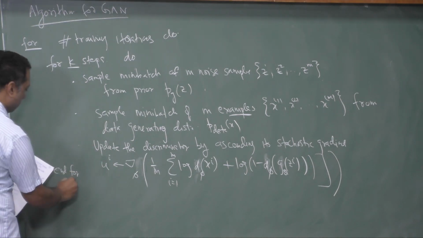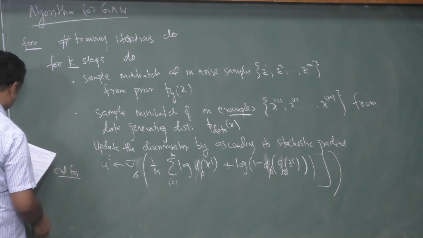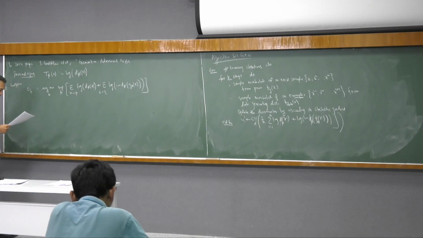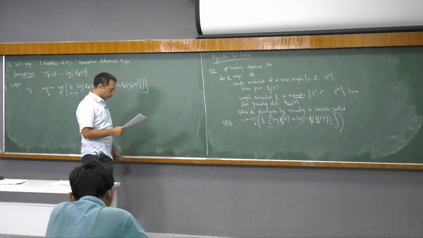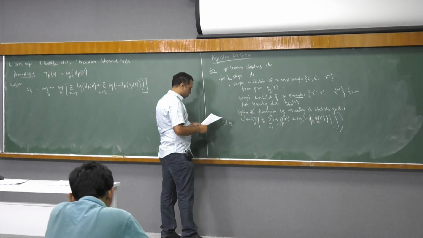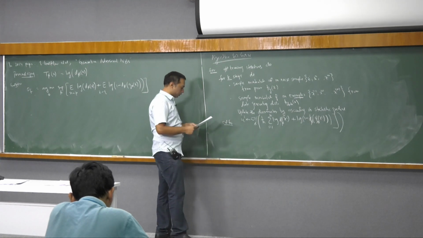There are a little bit of details I will come back to. Let me first write the algorithm, and then I will expand on this. So this is the discriminator loop which we run for k times. The discriminator update happens k times, and the generator happens once only, in the original proposal. Now let us go for the generator part.